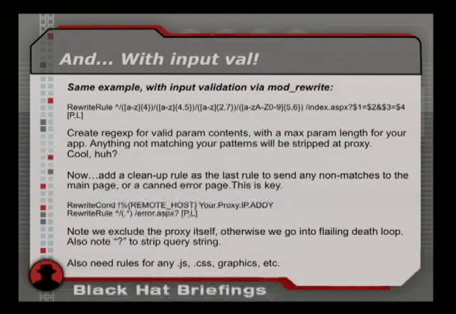Just write something that says A through Z, cap A, little a, 0 through 9, X number of characters, and set up X number of params for what's valid for your site. There are ways to get through that. There are ways to defeat it, but it's a hell of a lot more than what most people have.